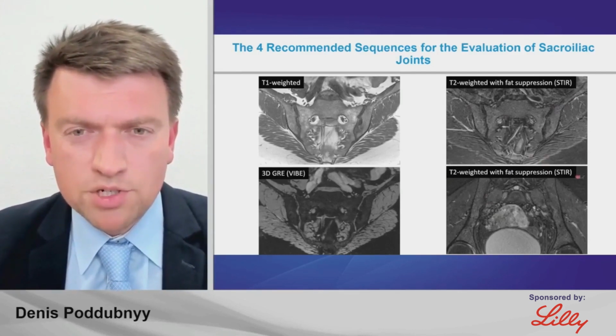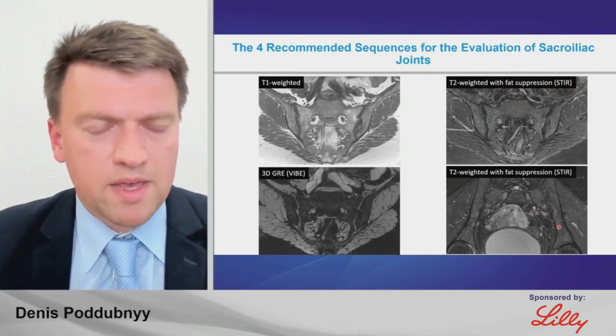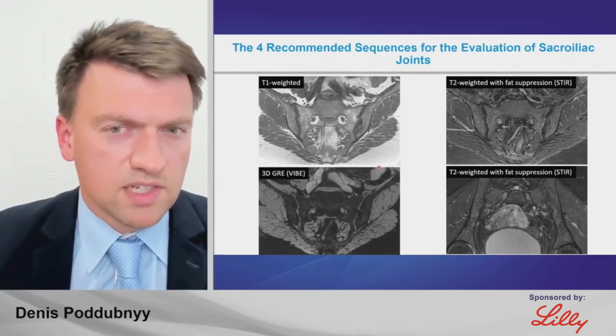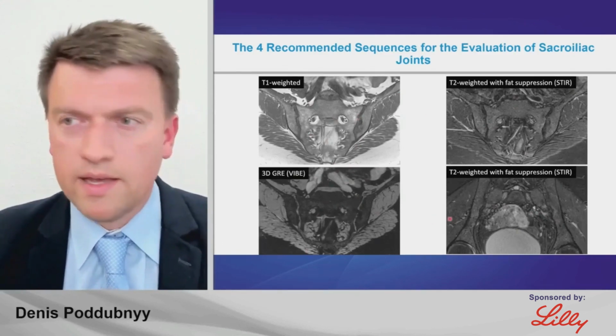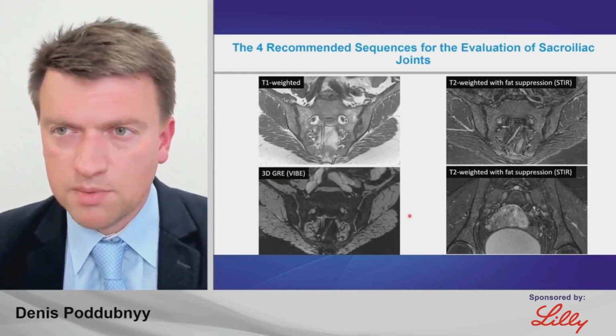These are inflammation-sensitive sequences, STIR semicoronal and STIR semi-axial, and these are 2 structural changes sensitive sequences, T1 weighted sequence and the so-called WIBE sequence or 3D gradient echo sequence.